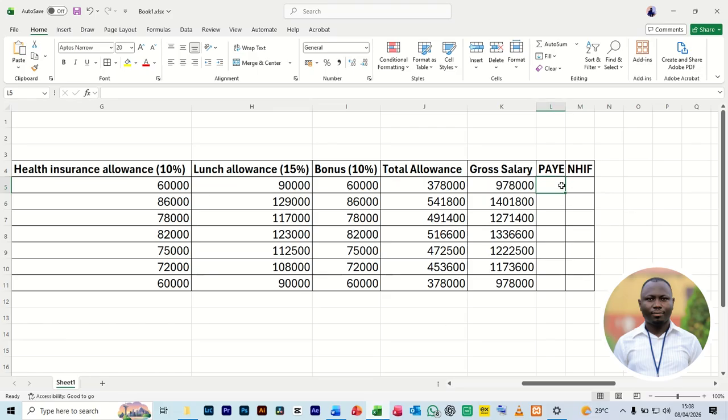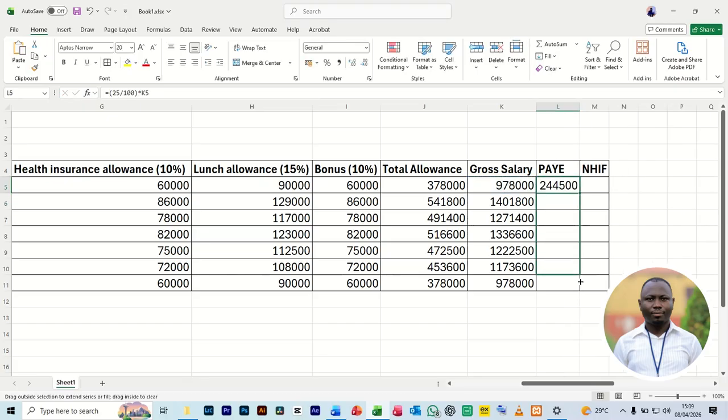So we're going to say equal sign 25, open bracket 25 divide by 100 close bracket. We are multiplying it by our gross salary. Where is our gross salary? It is here. We calculated it before coming to this point. Hit enter, and then we're going to get the amount which is supposed to go to payee.